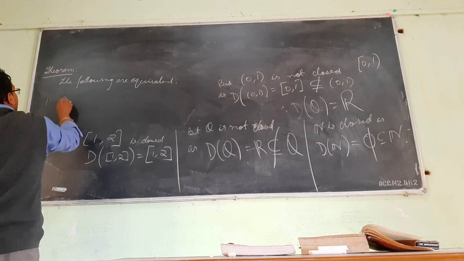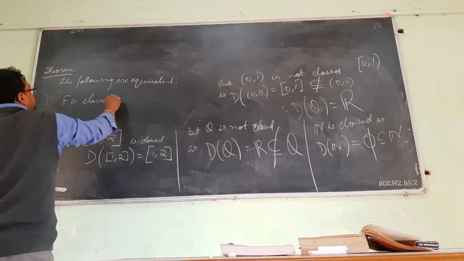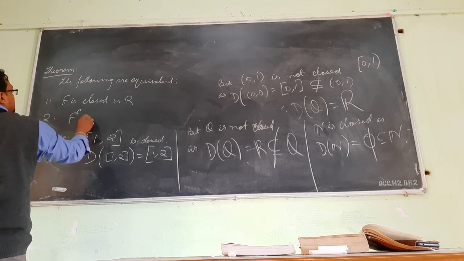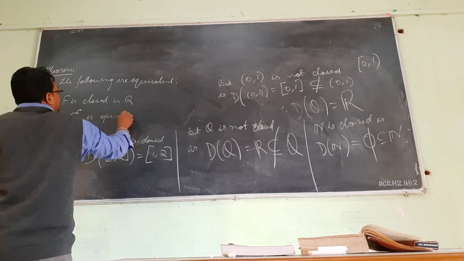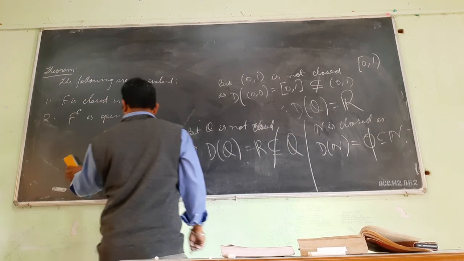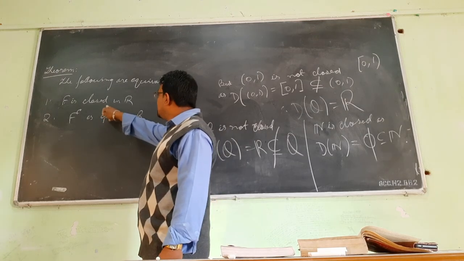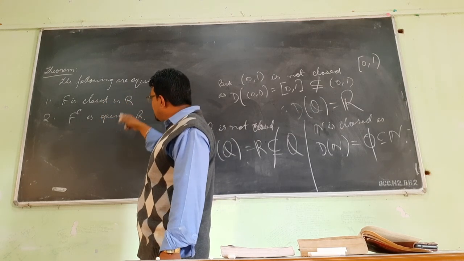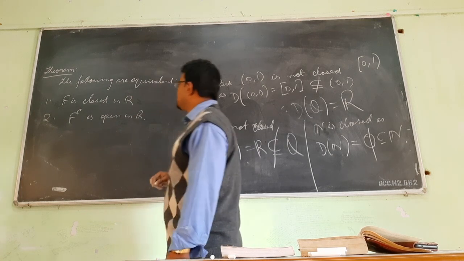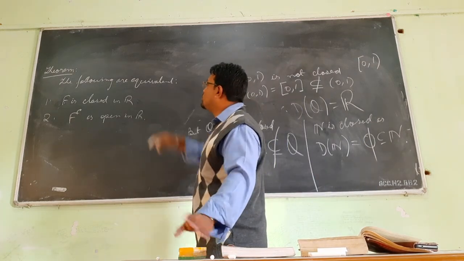Number one, F is closed in R. Number two, F complement is open in R. If F contains all its limit points, then F complement is open. And if F complement is open, F contains all its limit points. So both of them can be taken as the definition of closed sets.